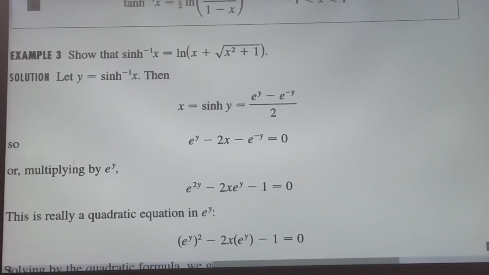So you can multiply by e to the power y. For example, e to the power 2y minus 2x e to the power y minus 1 is equal to 0. In other words, x is on your left hand side, and then you multiply everything by 2.